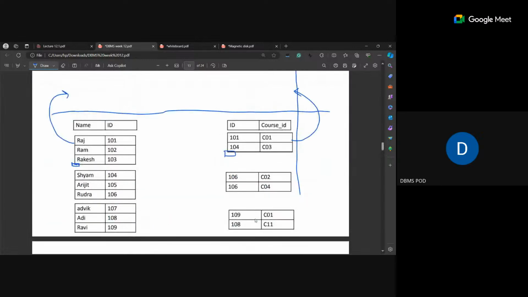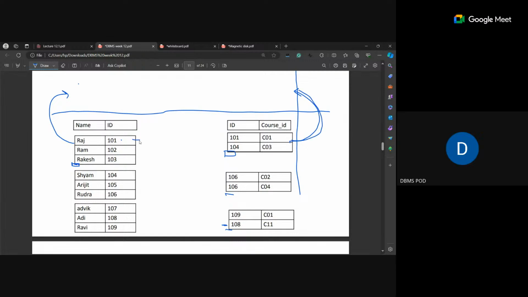Now when Raj, 103, and Ram, 108 are completed, then you have to move to this block, right?